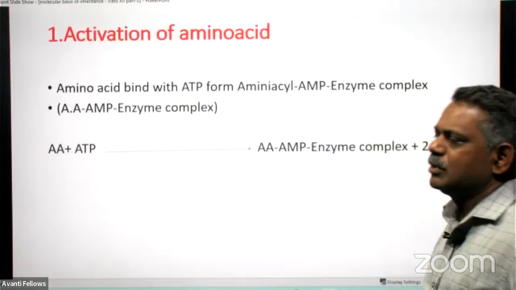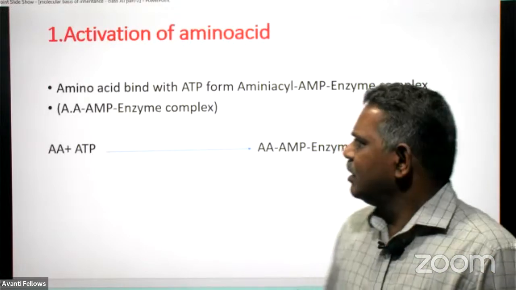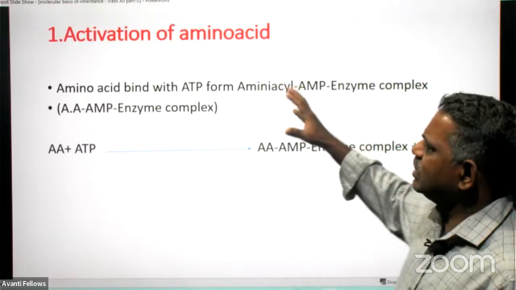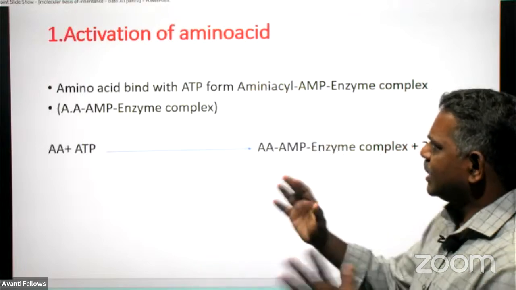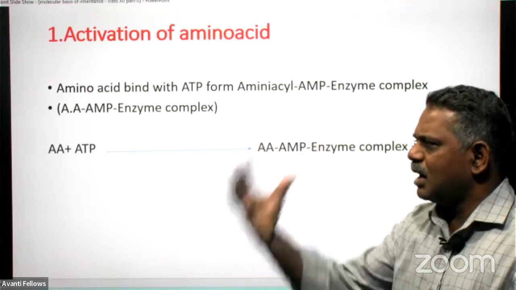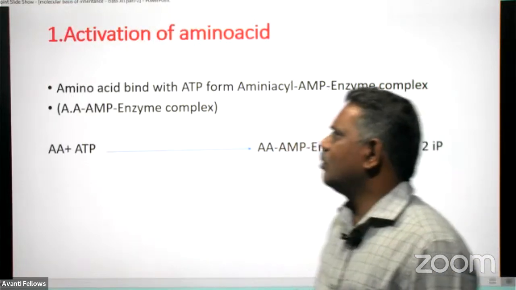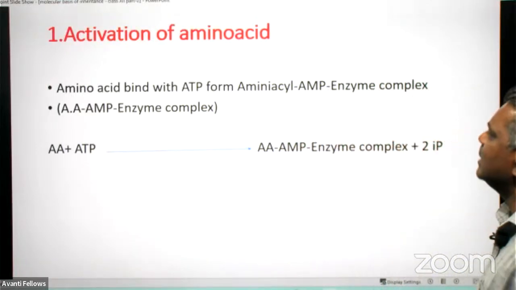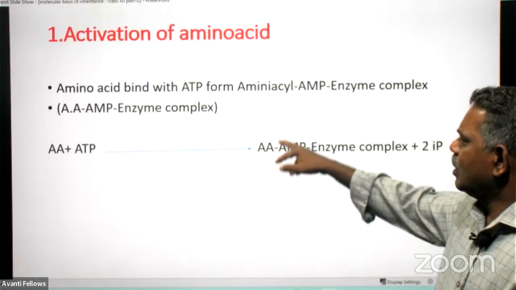Activation of amino acids, something went wrong. Yeah, see, it is an energy required process. For activating an amino acid, the amino acid present in the amino acid pool reacts with the ATP molecule with the help of the enzyme and produces what? Amino acyl.